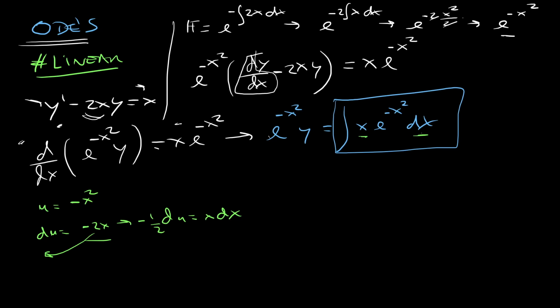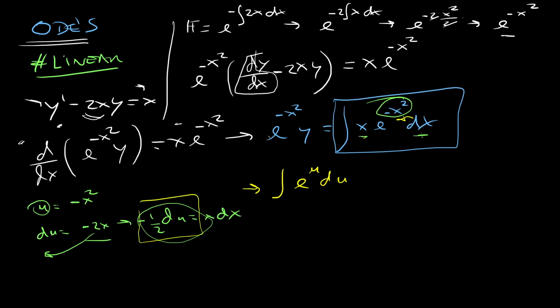And now we have these ones that we can substitute for this one. And this one is just u. So essentially what we have to work with is the integral of e to the u du. Why? Because u is equal to minus x squared, which is what we have here. And then x dx, we found the relationship, which is minus half du.